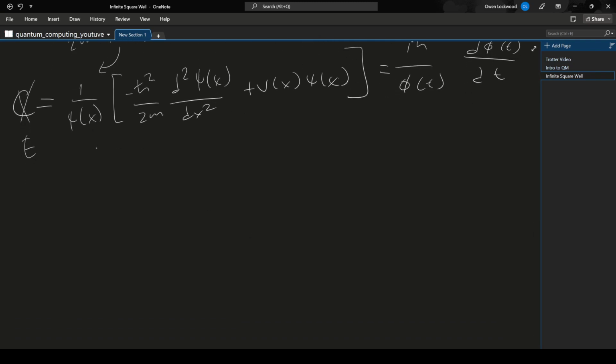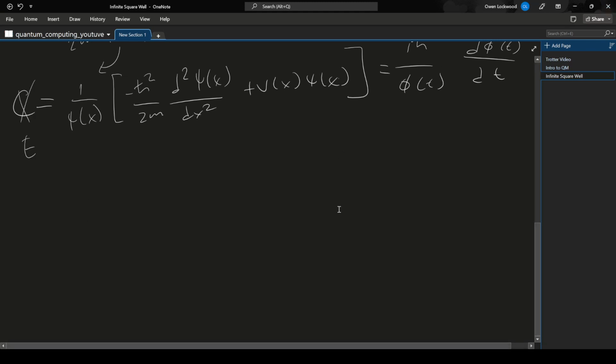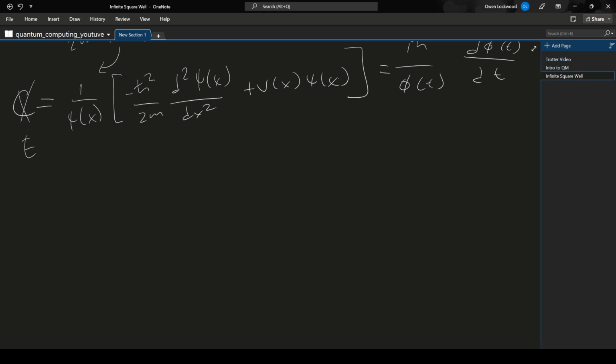So now that we have both of these equations equal to E, we can solve them. This one looks a little tricky, so let's solve the easier looking one first, the time one. We have E equals i h bar over the time function, and then d dt.